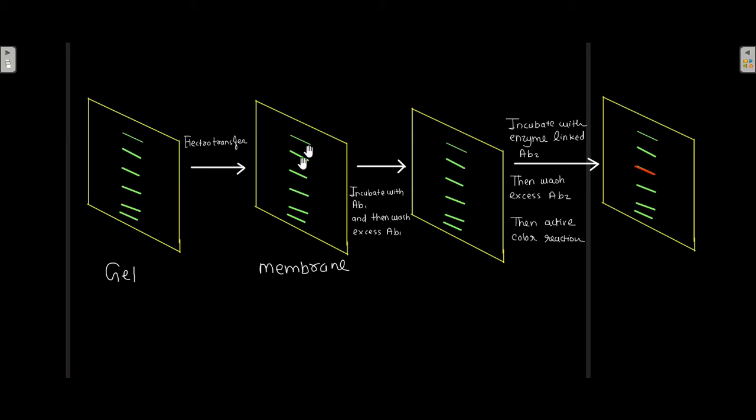The membrane with the resolved proteins from the gel is treated with solubilized milk powder so that non-specific protein binding sites are blocked.